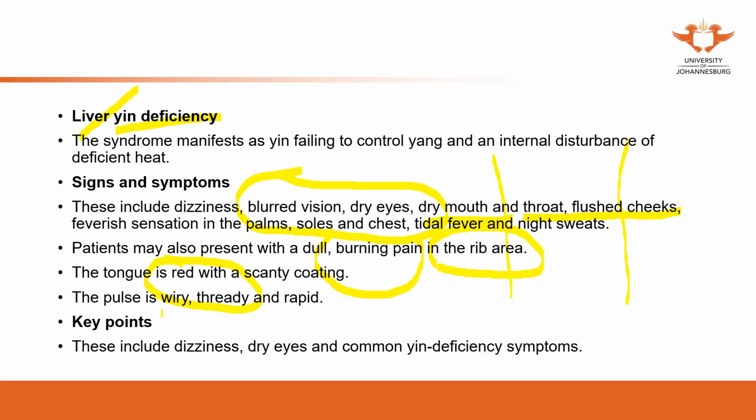The pulse is wiry, thready, and rapid. Thready is yin deficiency because you don't have enough fluid in the vessels. That's why it's very thin, thready, and very rapid. That's because in deficiency you have deficiency heat in the body. Heat will result in a rapid pulse.